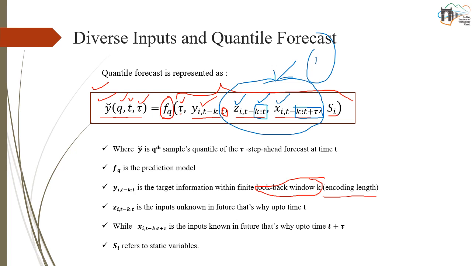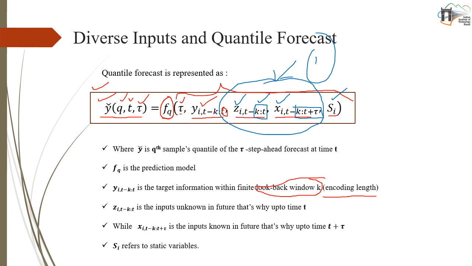So it tells us how the model handles these diverse inputs, and how the inputs are given to the model. And in the end, s_i is the static variables that do not change with time, as I told you in the previous slides, where our input variables were differentiated into static and time varying.